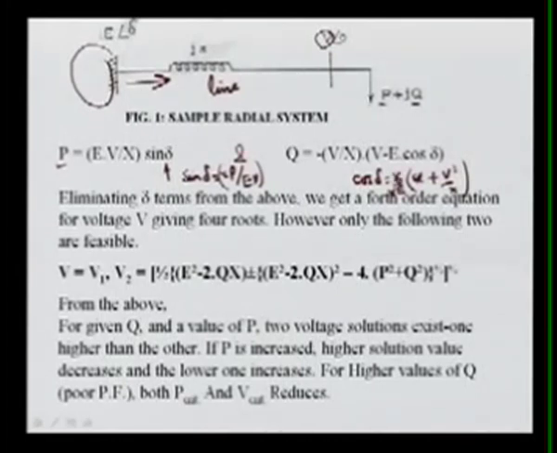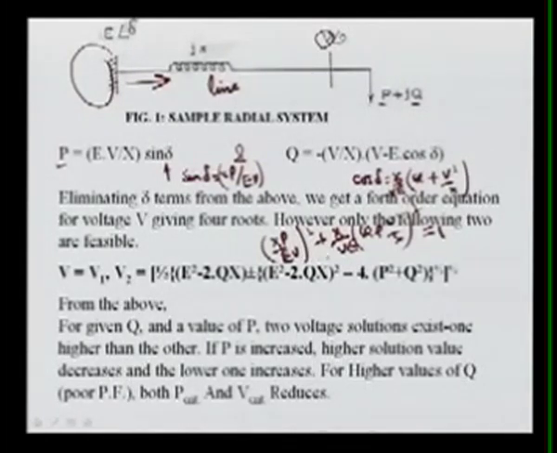So, what is happening here, you can see, if you are squaring and adding, we will get an equation: (xP over EV) square plus (xQ over EV plus V over x) square, and that whole is unity. As you know, sin square delta plus cos square delta will be unity.